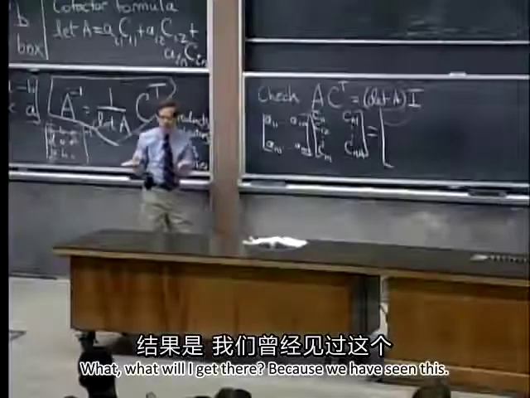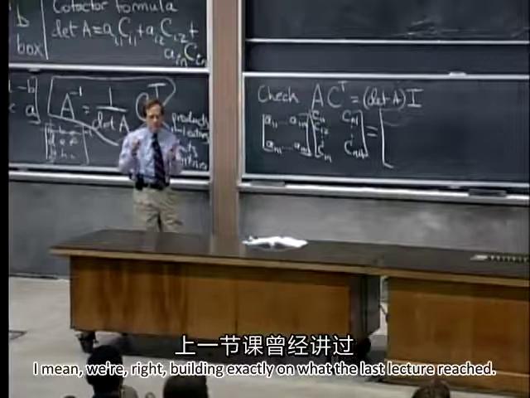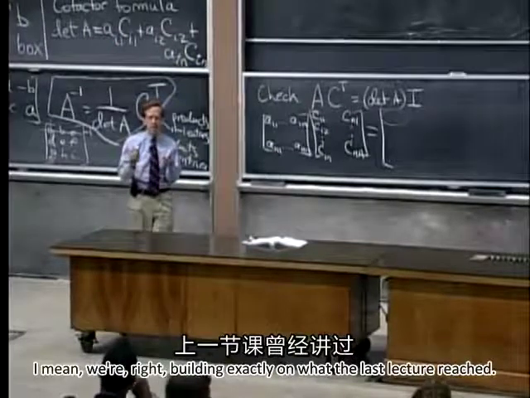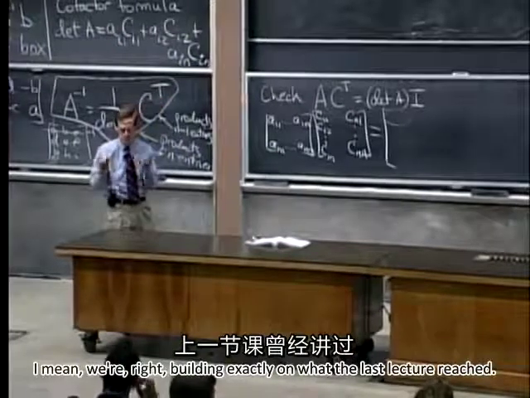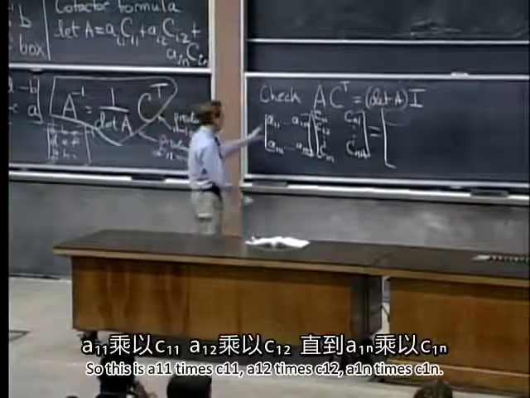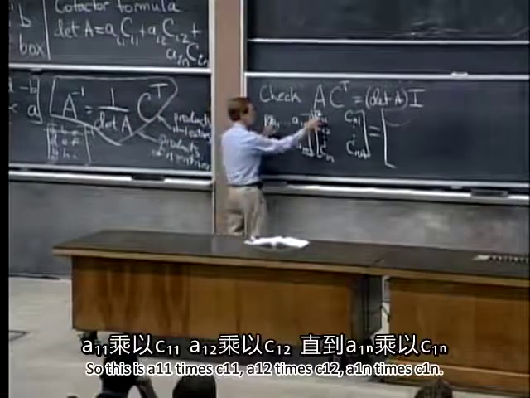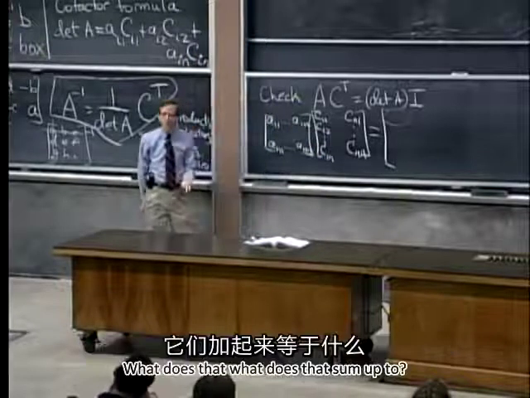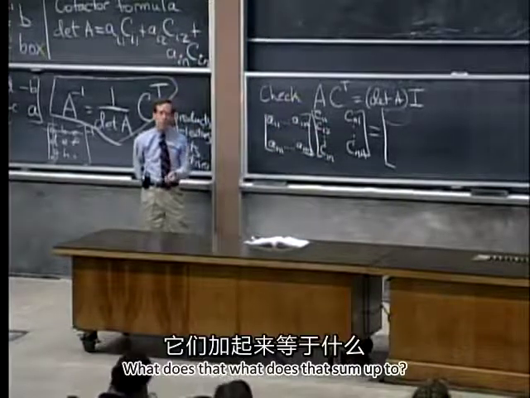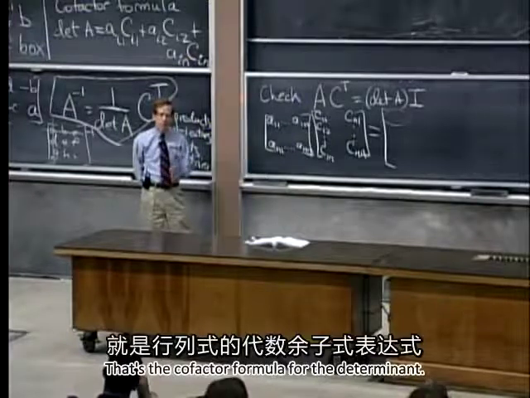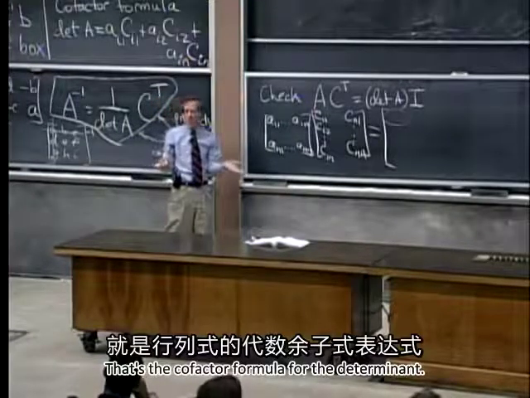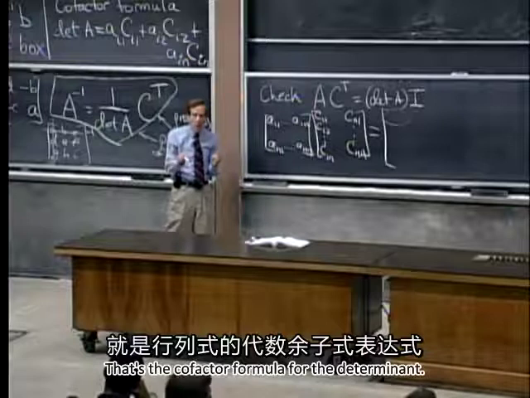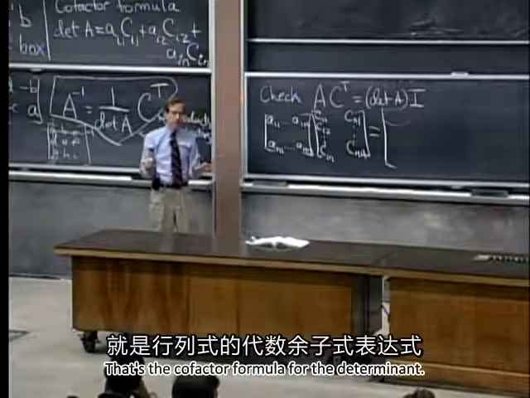We're building exactly on what the last lecture reached. So this is A11 times C11, A12 times C12, A1n times C1n. What does that sum up to? That's the cofactor formula for the determinant.